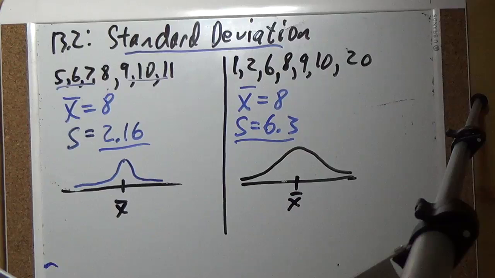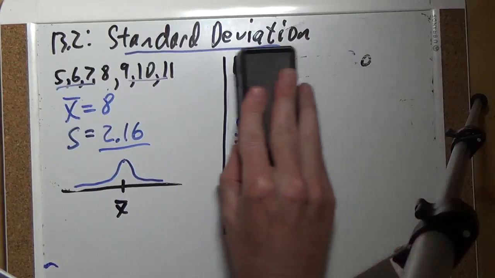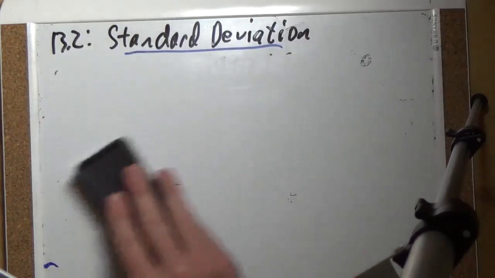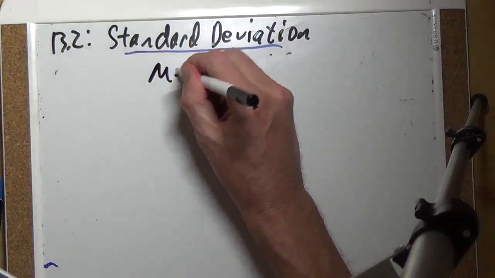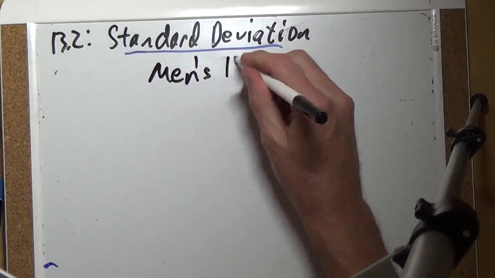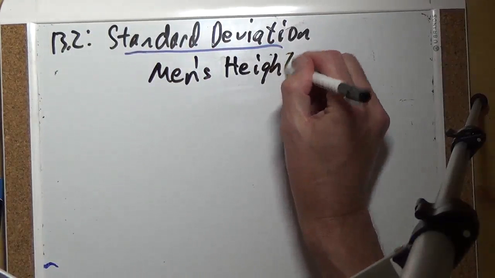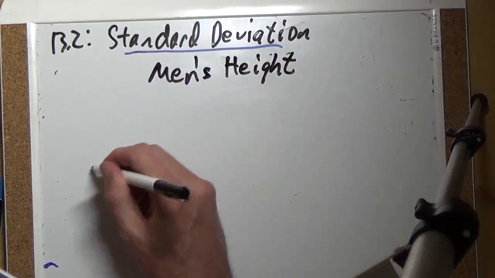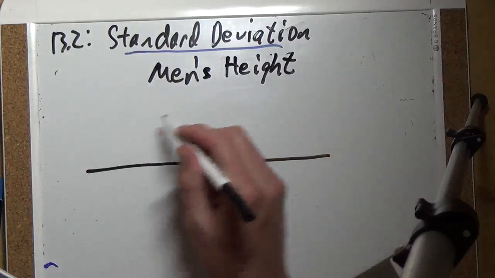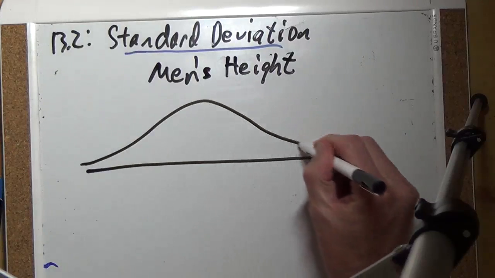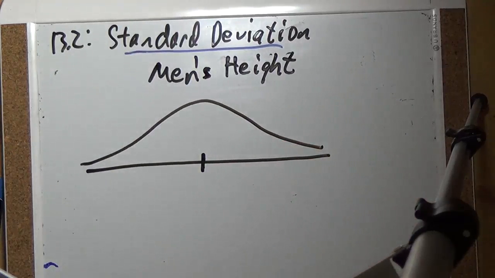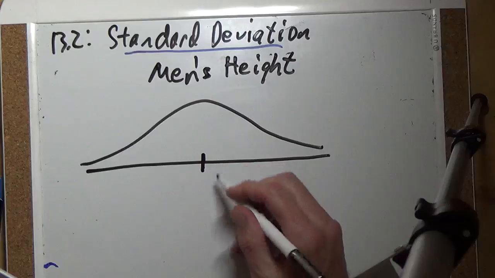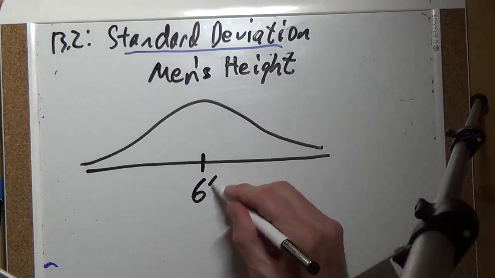And to just give you a very quick overview of where we're going with this, think of men's height. Okay, it's distributed normally. So in the middle is the mean. And I think it's kind of close to 6 feet. Maybe a little less.